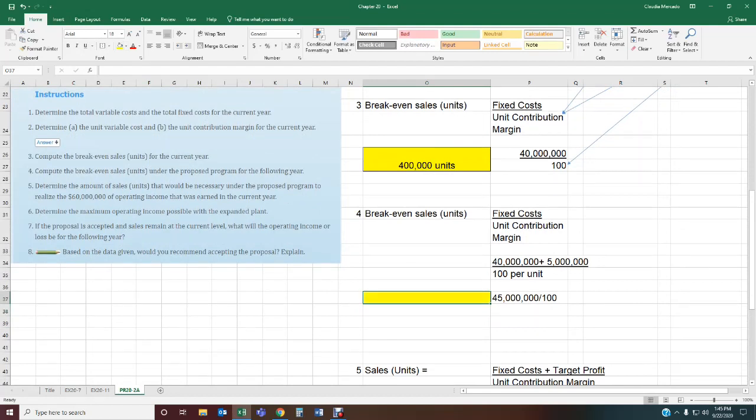Let me just highlight this. So that'll be 450,000 units. So that is my break-even sales in units.